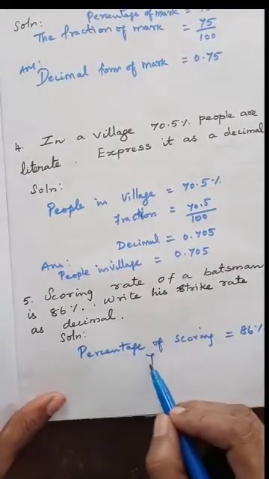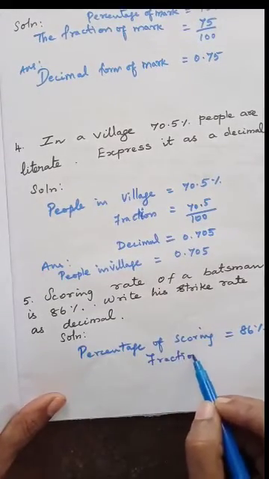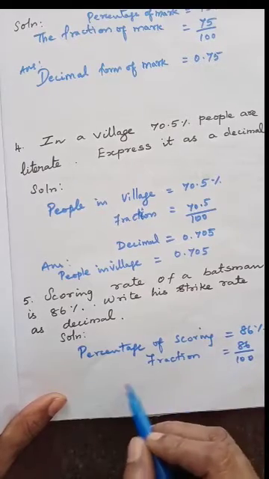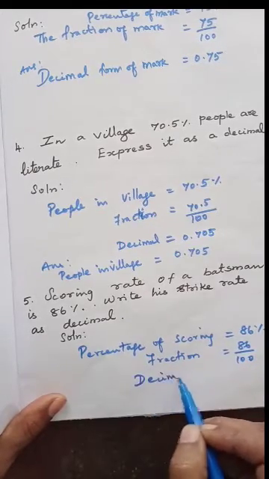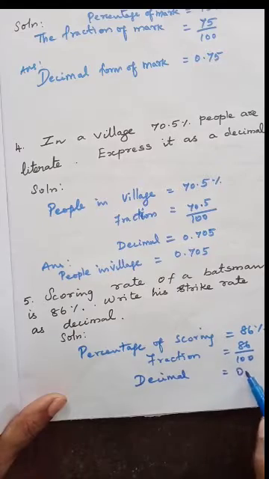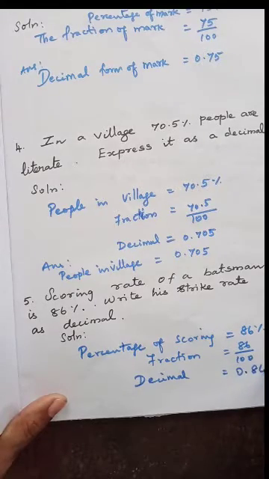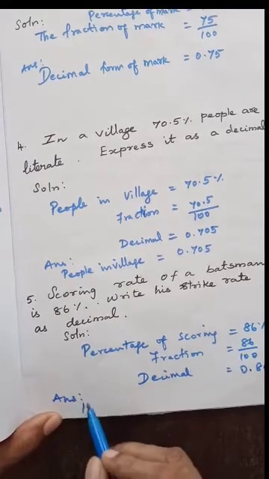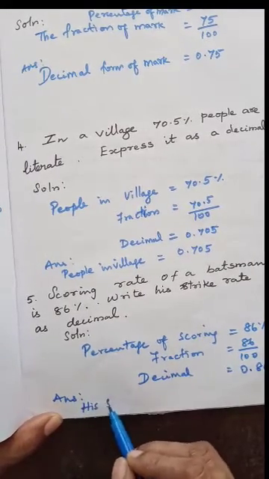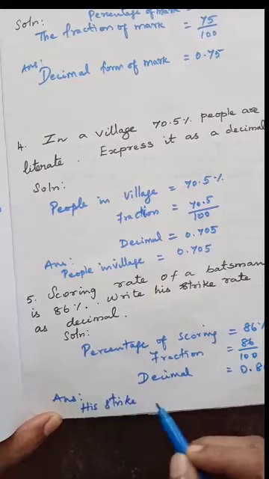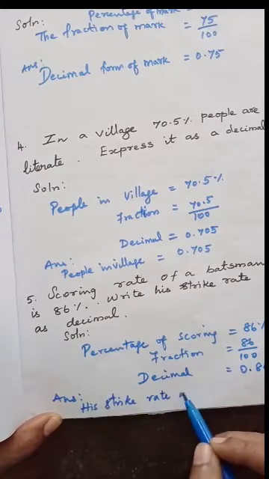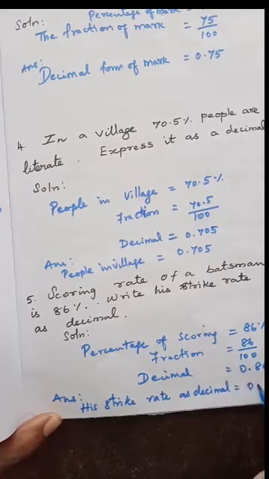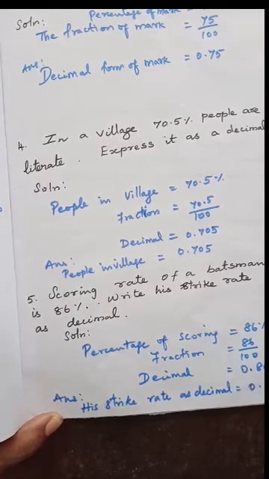In fraction, it is 86 by 100. So decimal is 0.86. Now the answer: his strike rate as decimal is equal to 0.86.